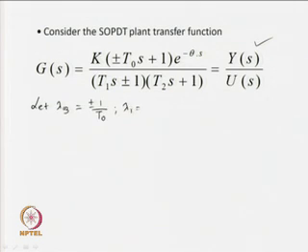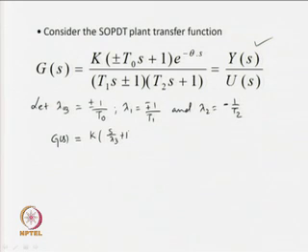Let lambda 1 be equal to minus plus 1 upon T1 and lambda 2 equal to minus 1 upon T2. Then G(s) can be written in simpler form in terms of lambda 1, lambda 2 and lambda 3 as K times (s upon lambda 3 plus 1) e to the power minus theta s divided by, when I take T1 common, T1 times (s minus lambda 1), and similarly when I take T2 out, the second term is T2 times (s minus lambda 2).